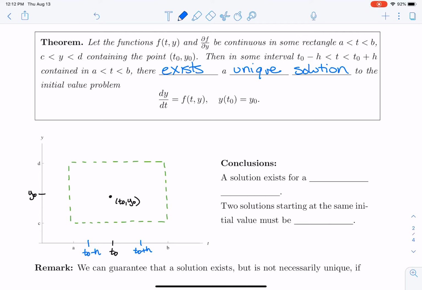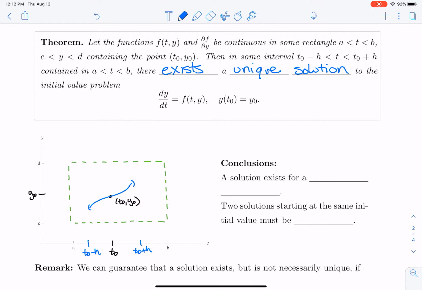So what does that mean? My right-hand side is continuous, and the derivative of the right-hand side with respect to y is continuous within the rectangle. What that tells me is that for a short amount of time, I can guarantee that there exists a solution to the differential equation. I've drawn that there in blue.